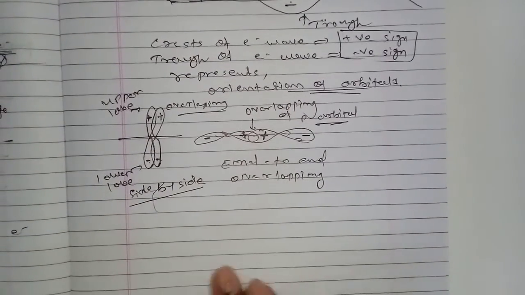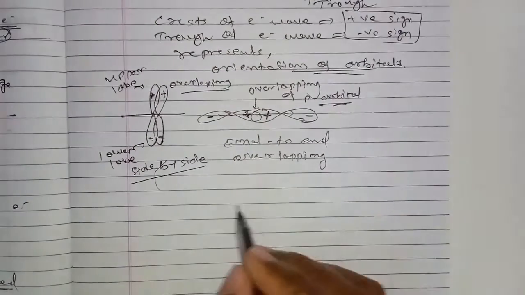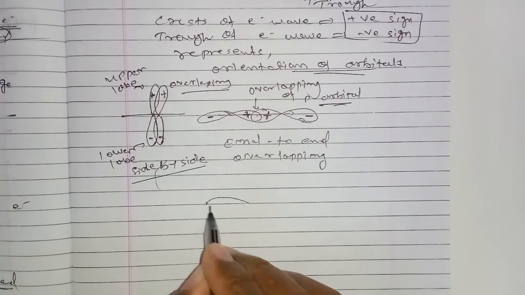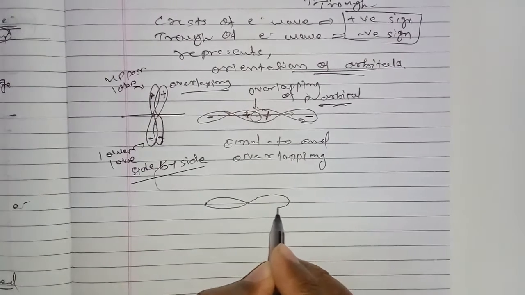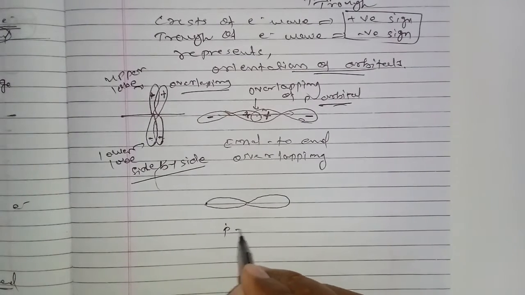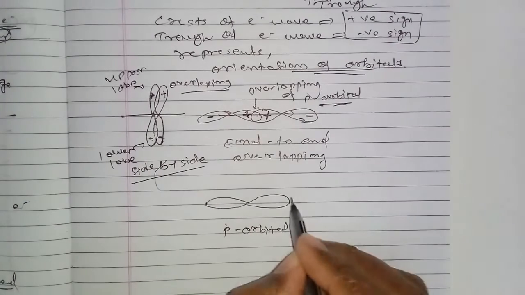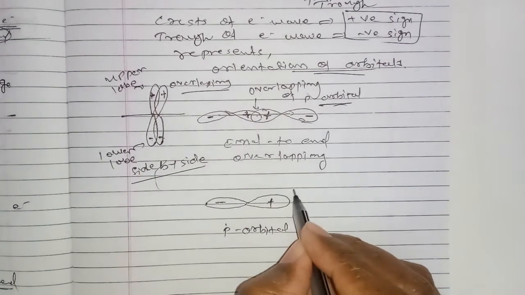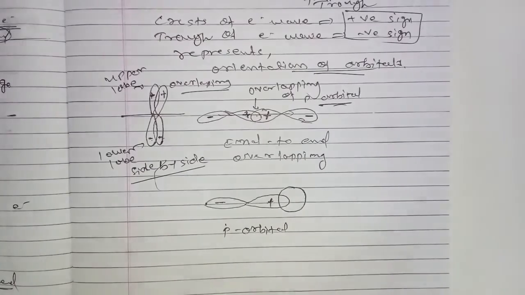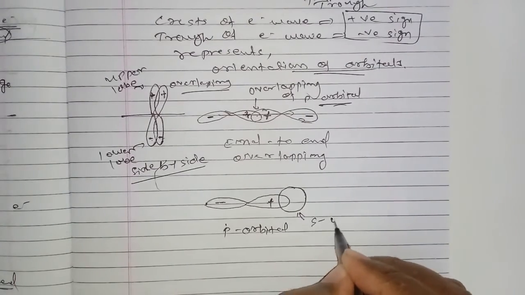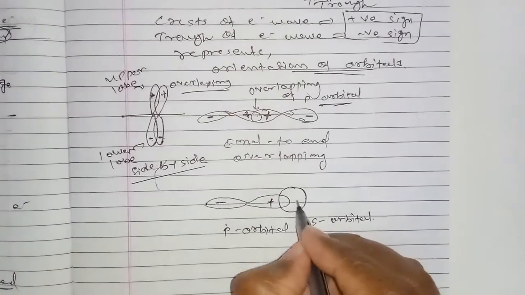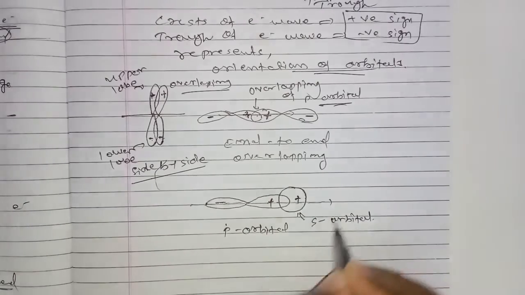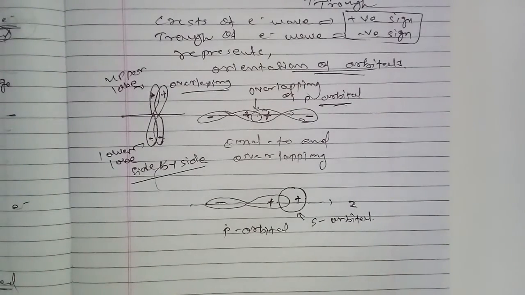The third possibility is the overlapping of a p orbital and an s orbital along the z axis.